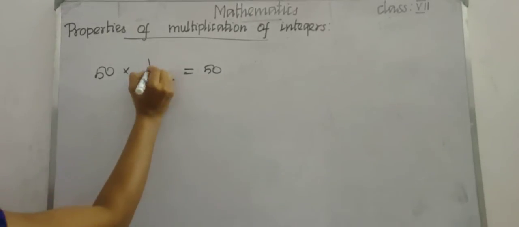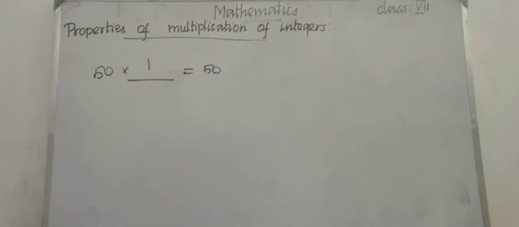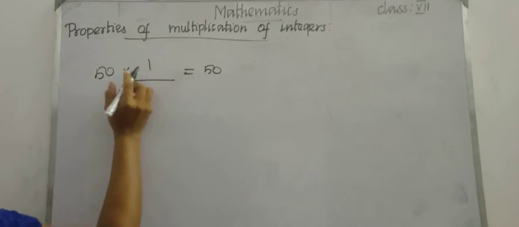If you are multiplying 1 with this 50, you will get the same number 50. This one is called multiplicative identity. So, simply if you need the same number as the answer, then we need to multiply by 1. So, 1 is the multiplicative identity.